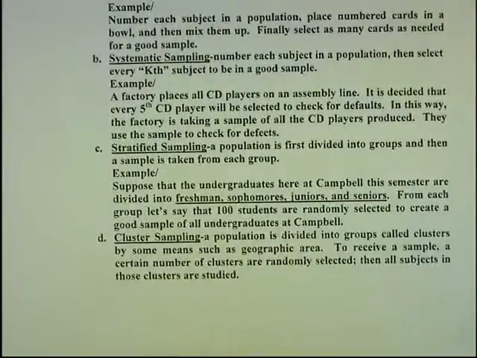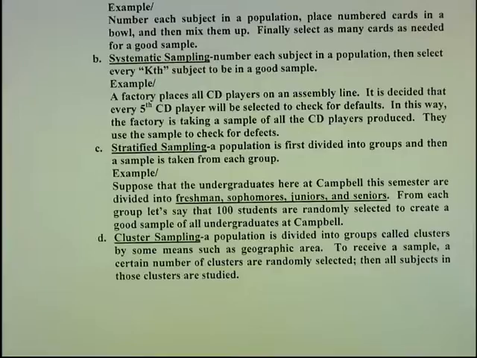Stratified reminds me of layers. And so when I think about stratified, a population is divided into groups, and then a sample is taken from each group. For example, here at Campbell, we have freshmen, sophomores, juniors, and seniors. Cluster sampling is the most difficult for me. It is a population that's divided into groups called clusters by some means of geography.